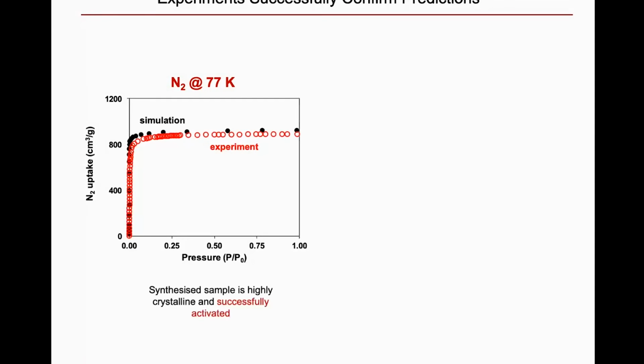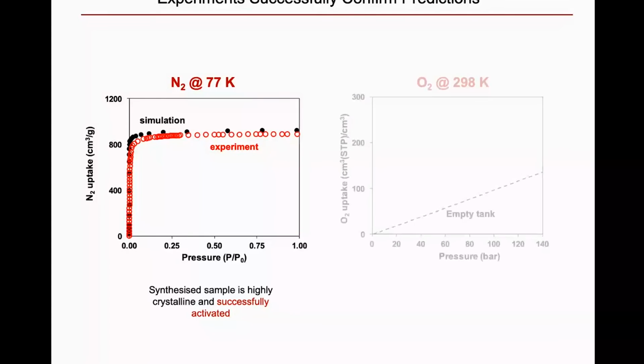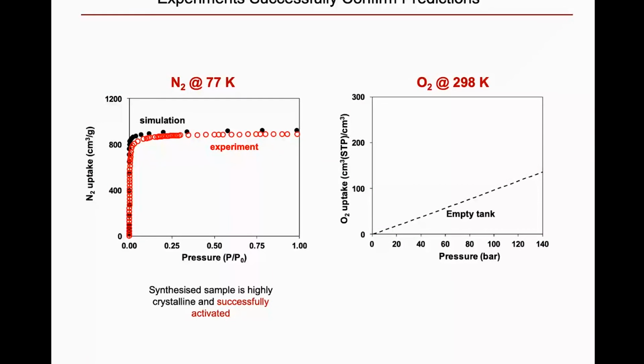This is the nitrogen adsorption experiments that Professor Omar Farha's team did at Northwestern University. We have a great match, which immediately basically tells me that the sample that we made is highly crystalline and has been successfully activated.